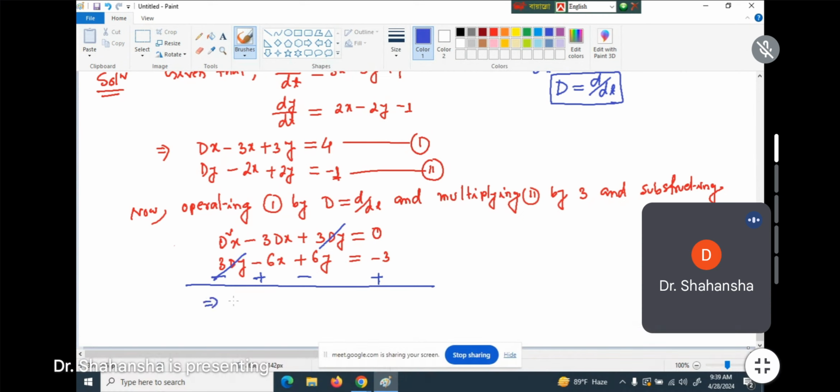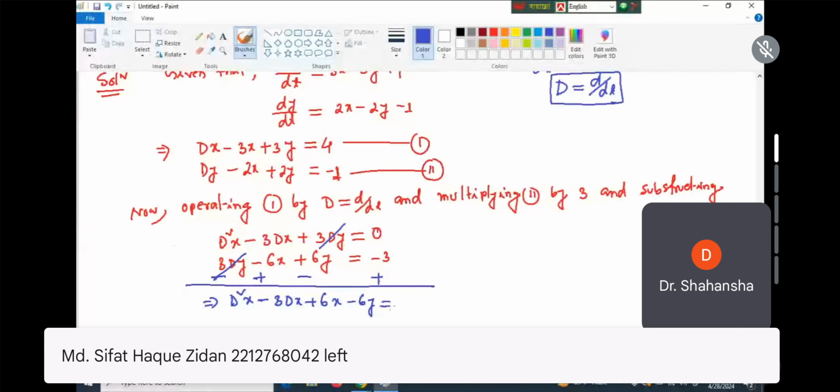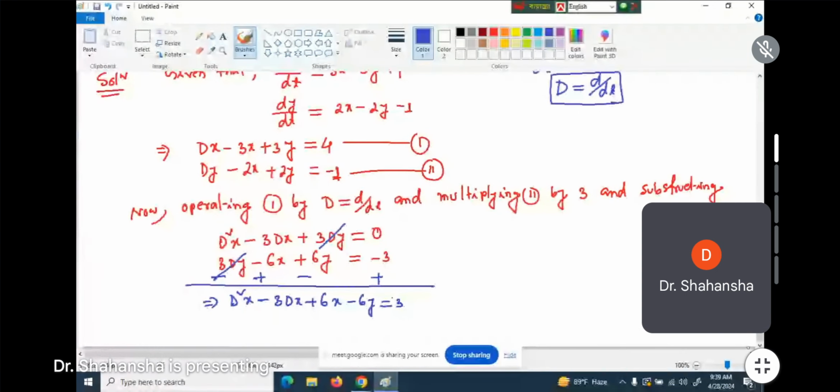We get this expression: d square x minus 3 dx plus 6x minus 6y equals 3. I believe all friends are clear up to this line.